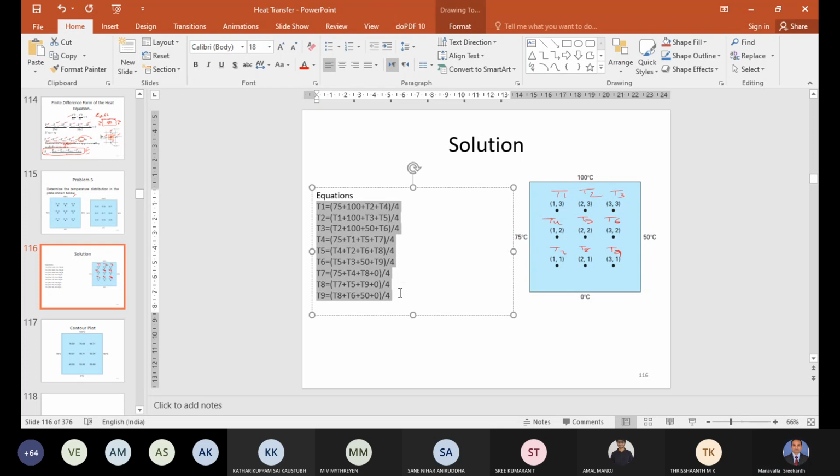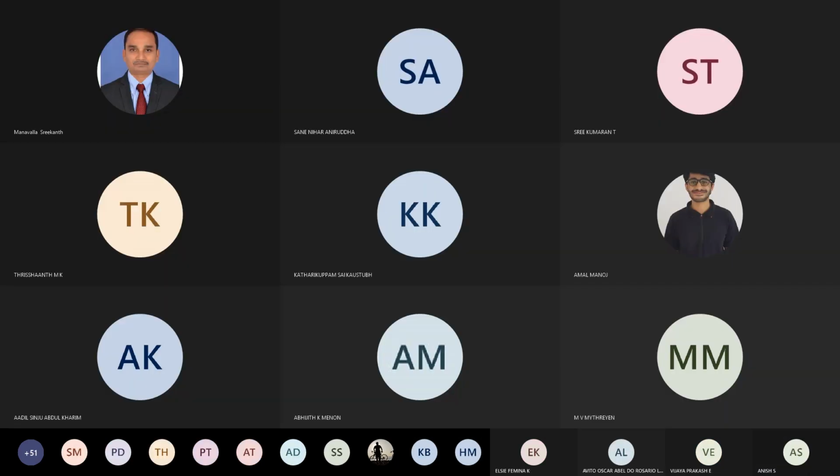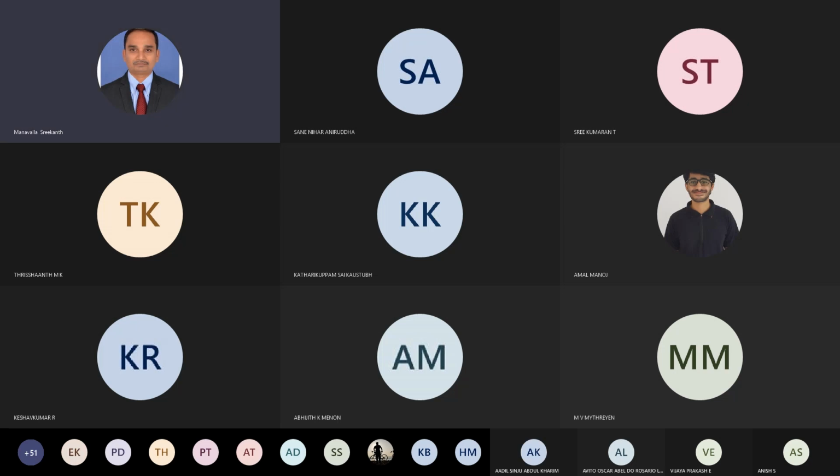Now, I'm transferring these equations to the interactive heat transfer software. Now let me share. I may have problems in sharing this interactive heat transfer like we had last time.